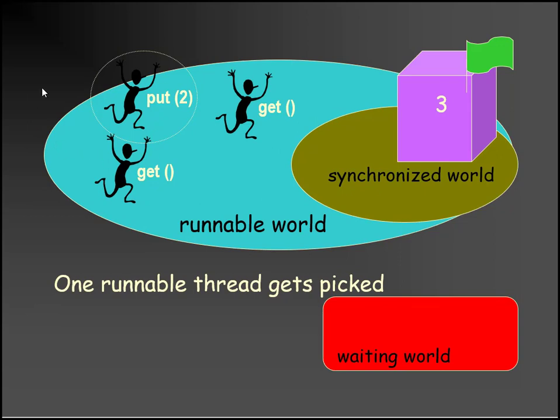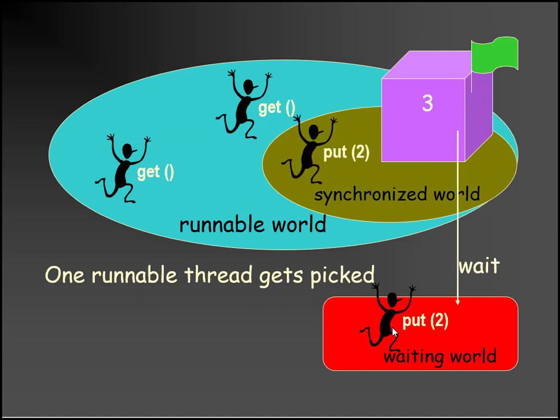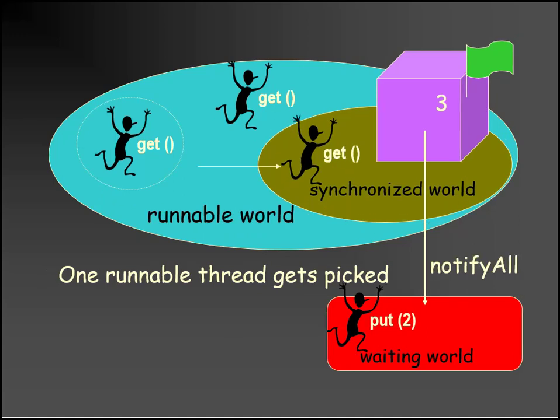But let's look at what happens if a producer gets selected by the operating system when there's already data in the cubby. He comes in, and he sees the flag that there's data in there, so he ends up in waiting world because he doesn't want to overwrite the data that is in the cubby. Now the scheduler is going to pick another thread.